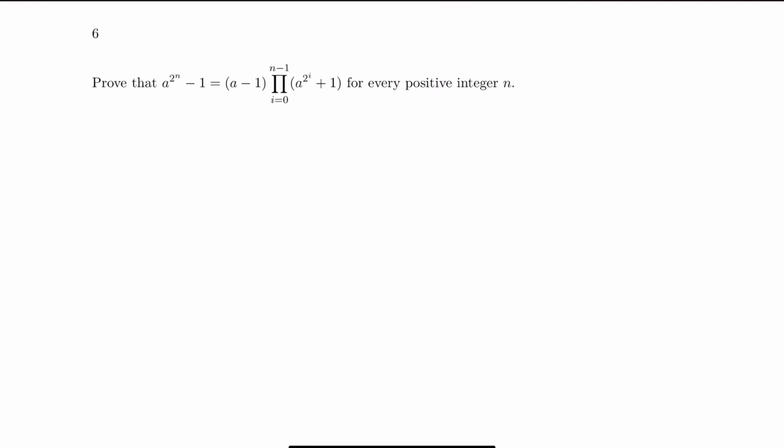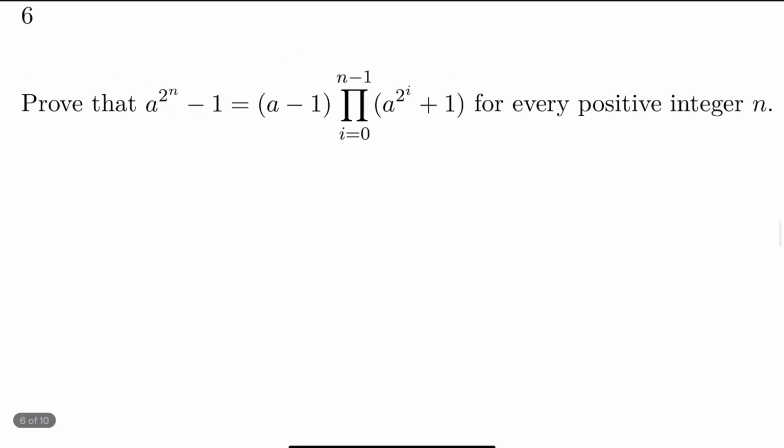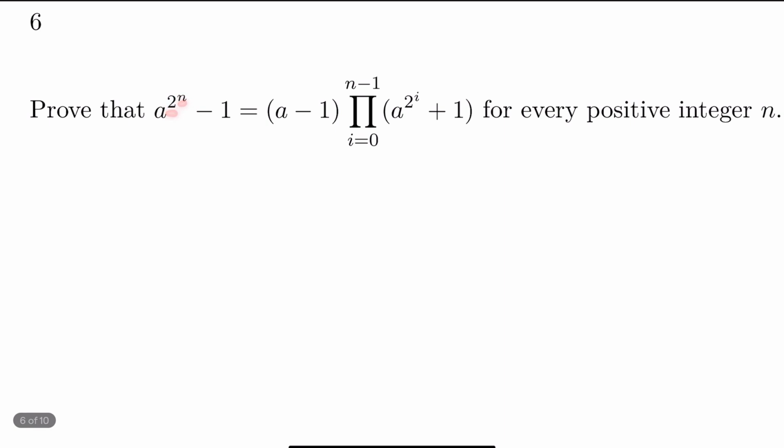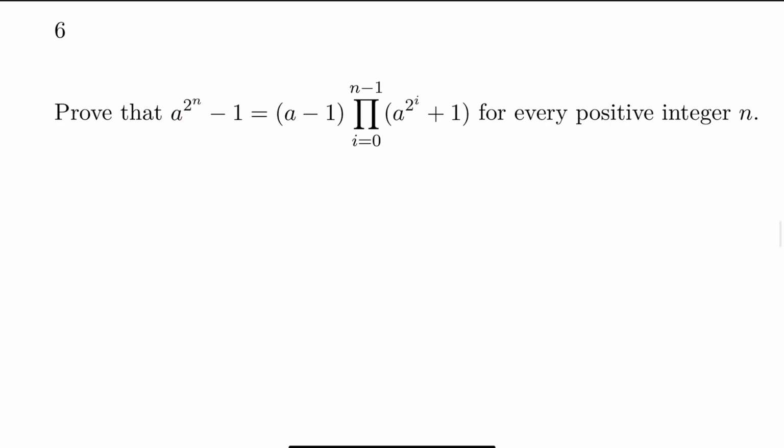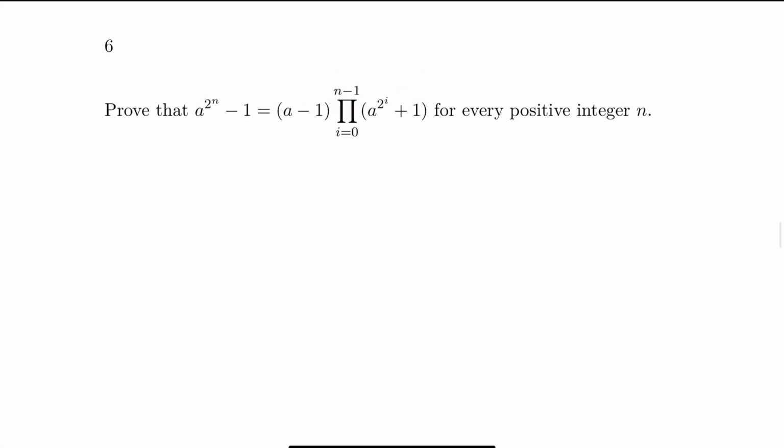In this video, we are going to use the principle of mathematical induction to prove that a raised to the 2 to the power of n minus 1 equals a minus 1 times the product of a raised to the 2 to the i plus 1, from i equal to 0 to n minus 1, for every positive integer n.